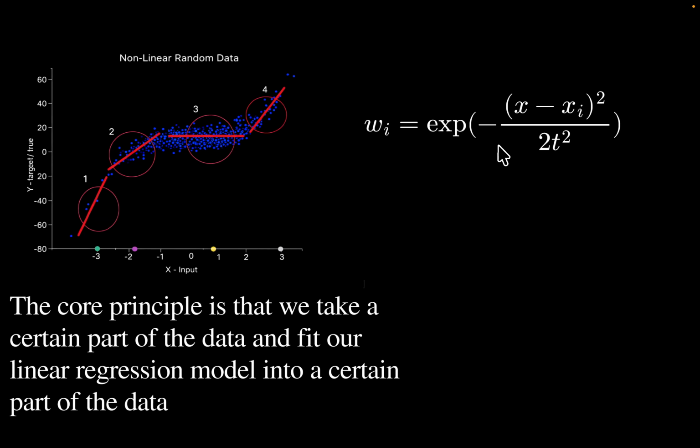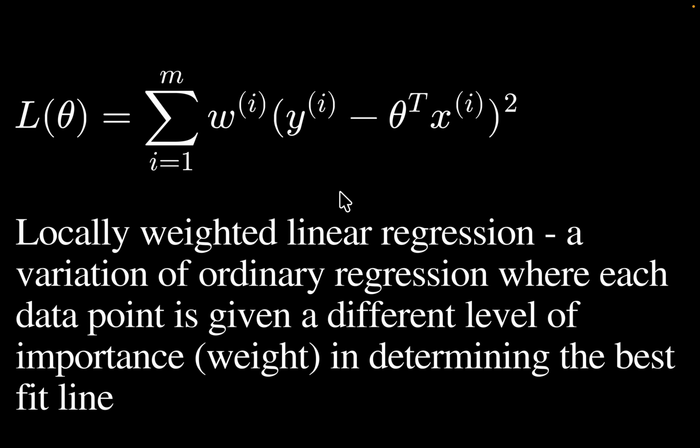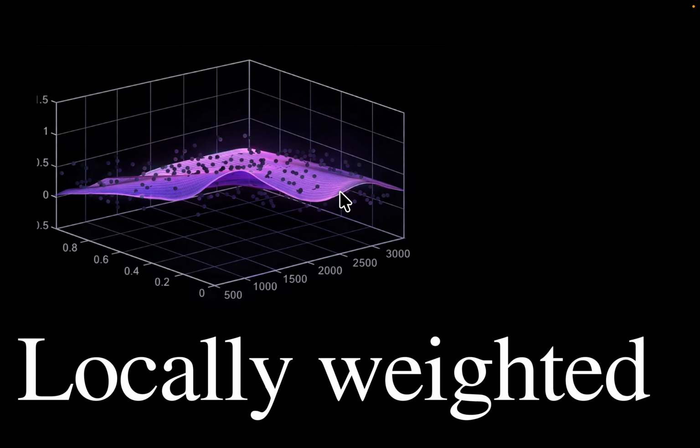Or on the other hand, when t is very low, the points that we consider far are now points that were previously not far. So that, I think, is everything that you need to understand for locally weighted linear regression.